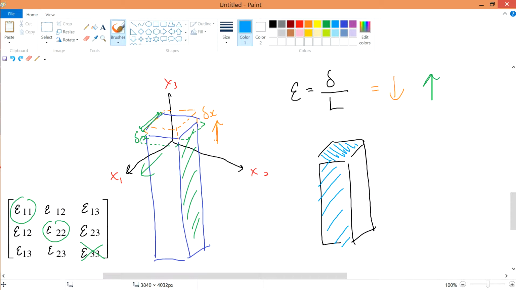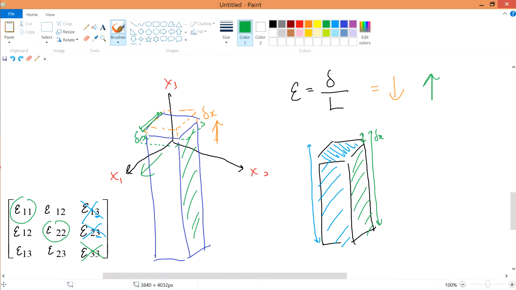So the strain itself is quite straightforward for all systems: once you mention that you are going to stretch in direction 3, this means you are going to stretch in direction 3, and that's it. And this applies to all of the other components. For example, if I stretch in the second plane but in the third direction, you are still going to have a change of delta in the x3 direction, going out or going down, which is this length.